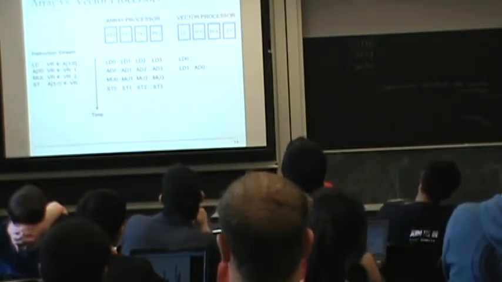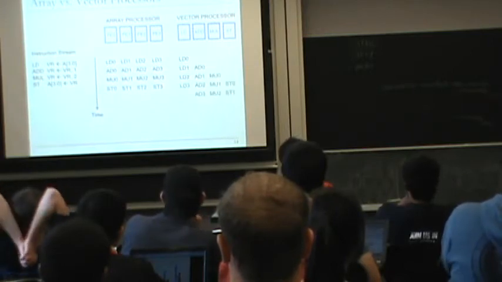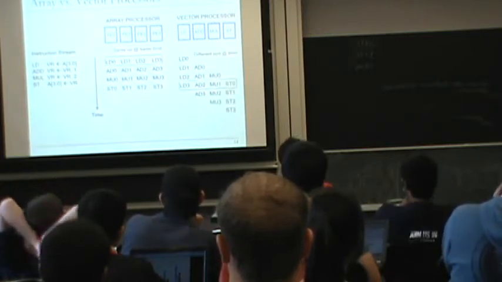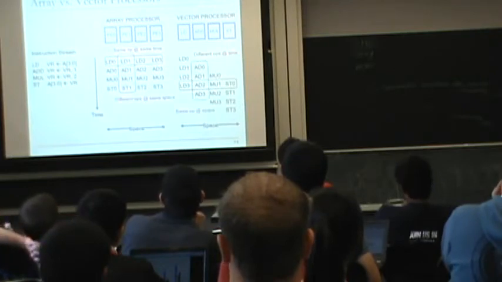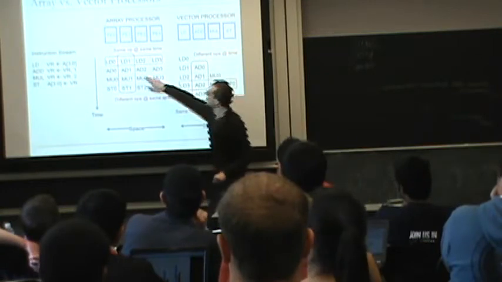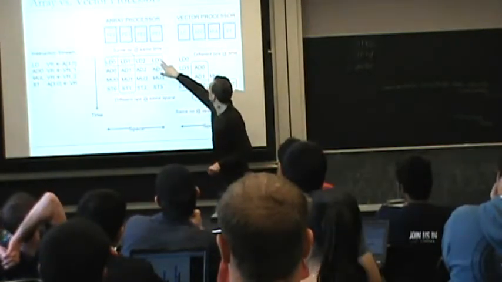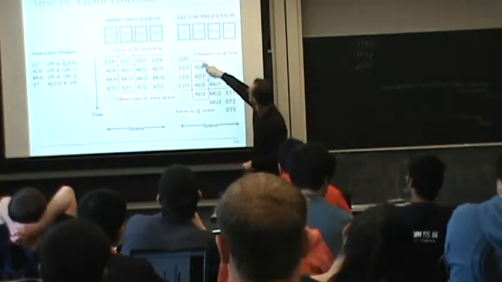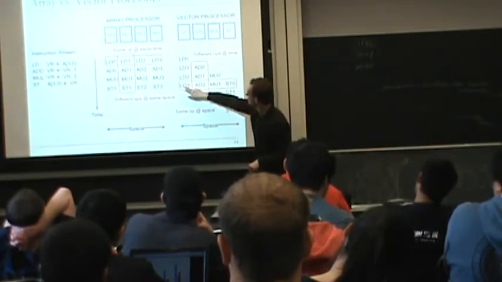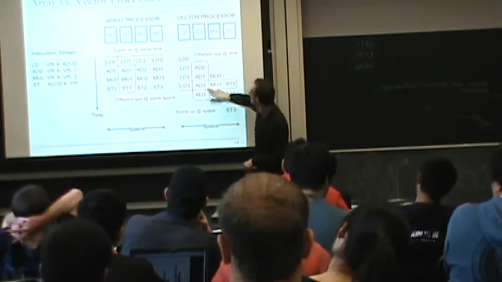In the next cycle, you do the load of the next element and add of the first element, and so on. And that's the time-space duality. If you look at time, you do the same operation at the same time in an array processor, whereas you do different operations at the same time in a vector processor.